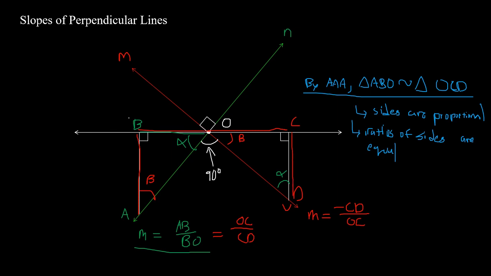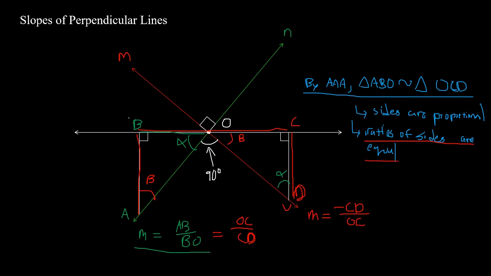So that's how we know that AB over BO, which is also the slope of the green line, is equal to OC over CD. And again, this is true because the ratios of sides are equal in similar triangles.